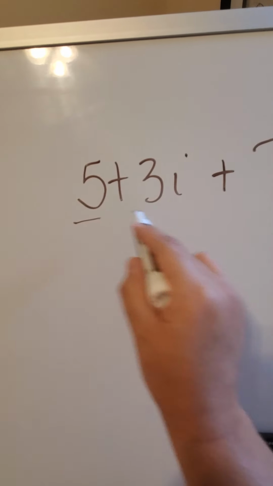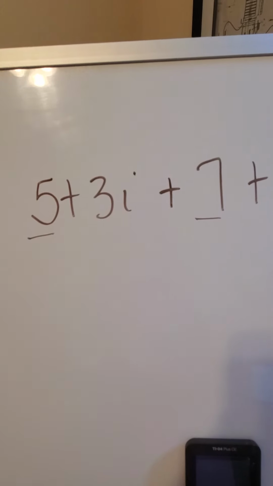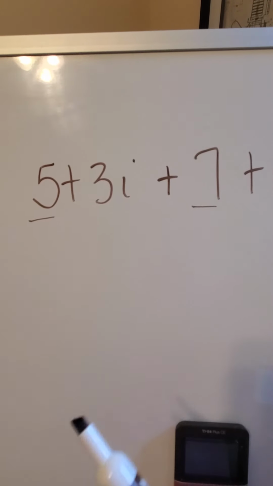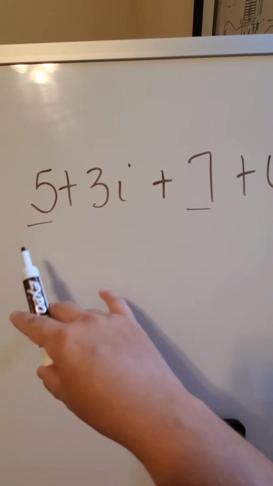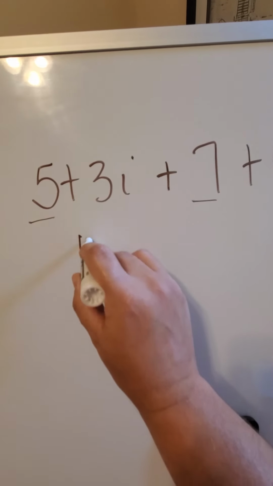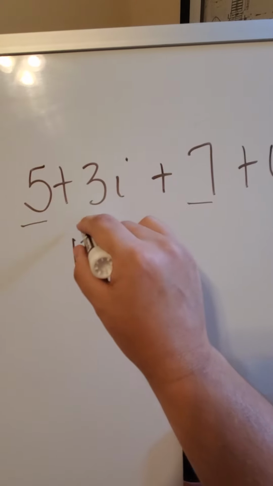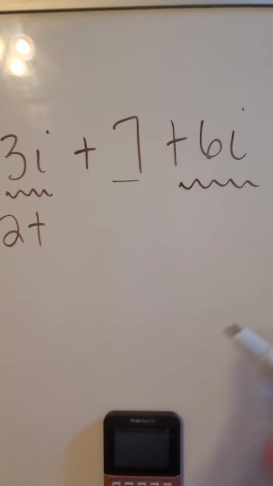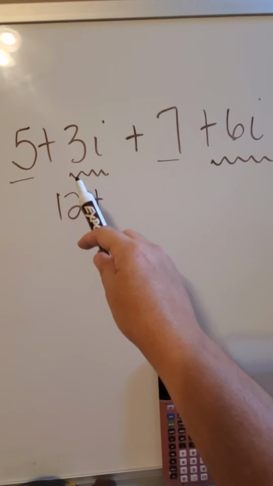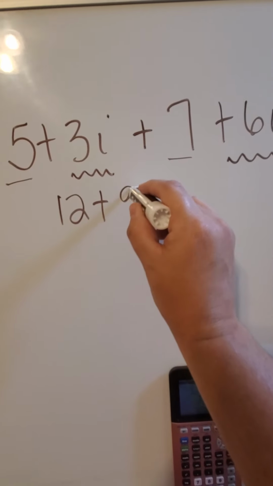This is the real part, 5 and 7. Those are like terms, if you remember combining like terms when you had x. So 5 plus 7 is 12. And then 3i and 6i are like terms, just like 3x and 6x would be. So 3 plus 6 is 9i.